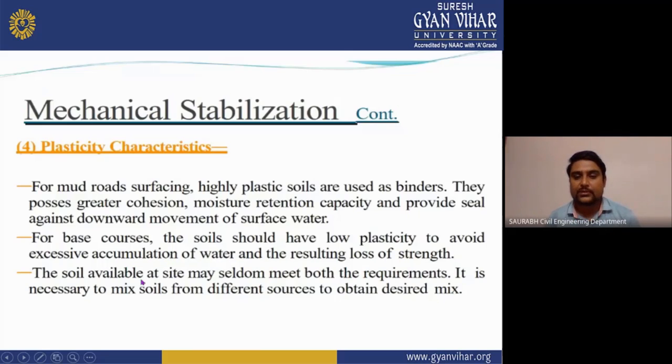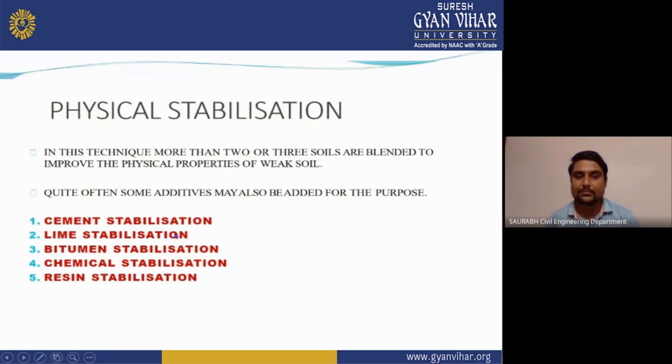For base course, the soil should have low plasticity to avoid excessive accumulation of water and the resulting loss of strength. The soil available at the site may seldom meet both requirements. It is necessary to mix soil from different sources to obtain the desired mix.